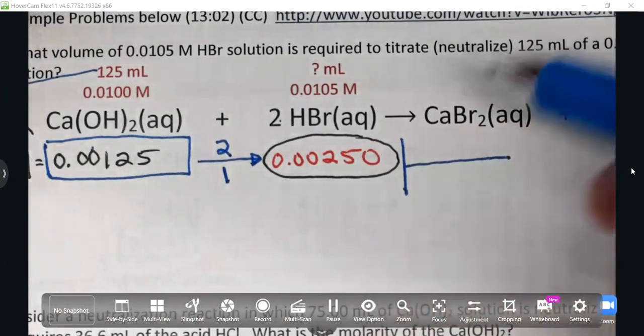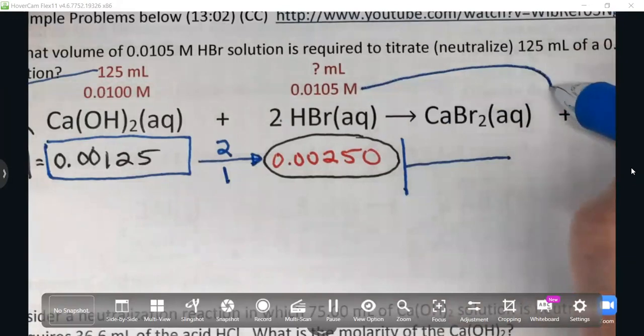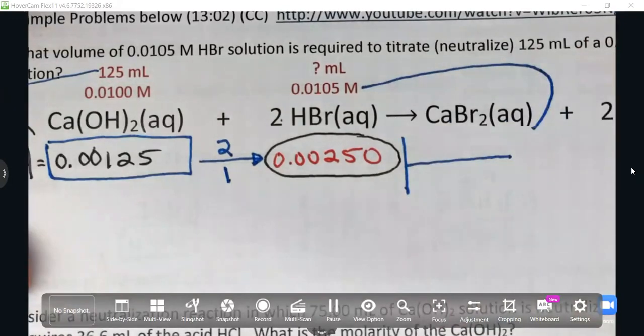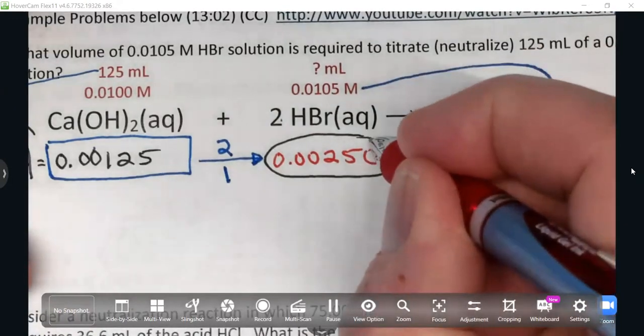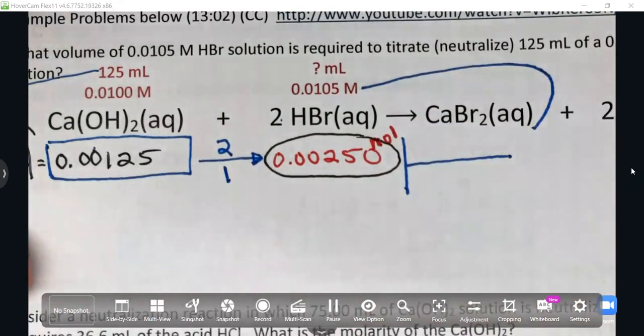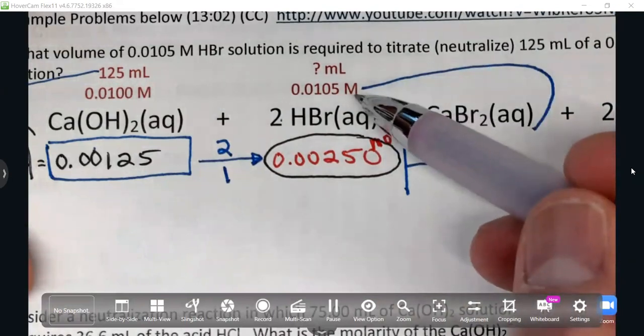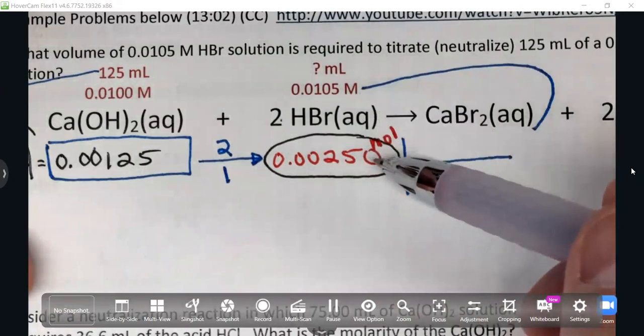Now, the question is, when I bring this down, again, we know that this is in moles. When I bring this down, am I going to flip those units or am I going to keep it the same? What is molarity? It is moles over liters, right?